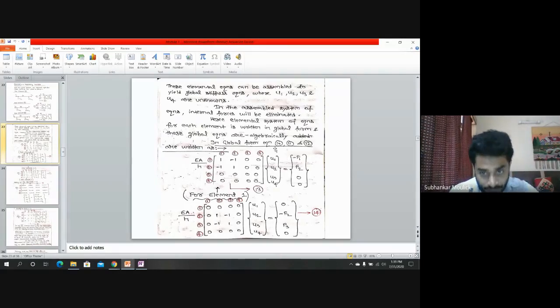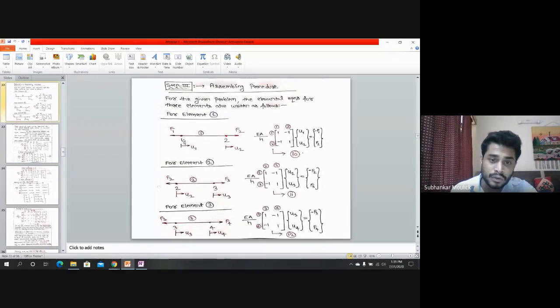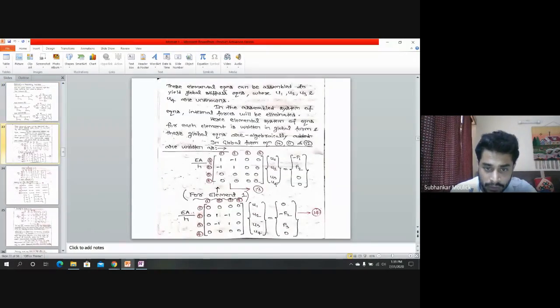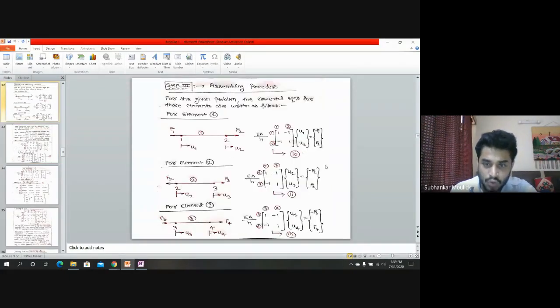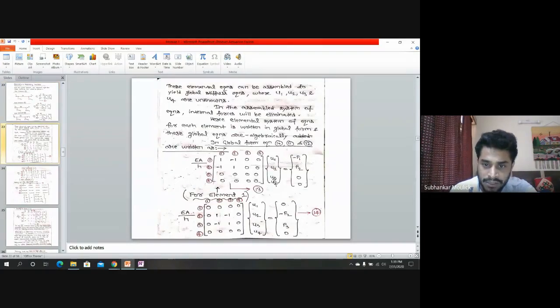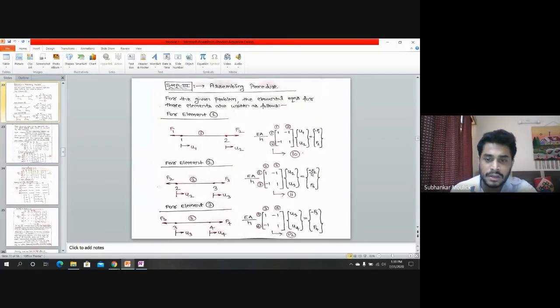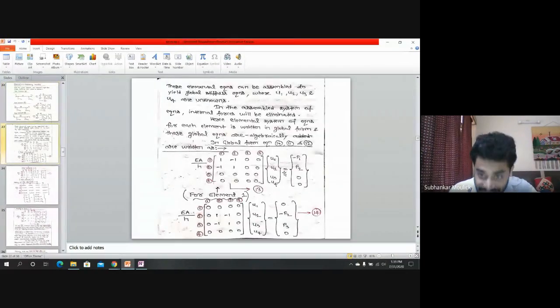Now you have to write the displacement for each and every node. For node number 1, displacement is U1. For node number 2, displacement is U2. For node number 3, displacement is U3. For node number 4, displacement is U4, which is equal to the force vector.